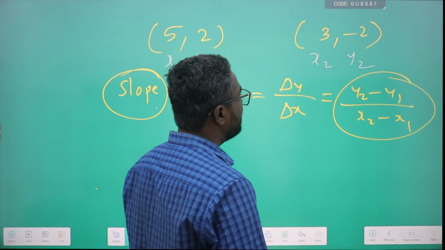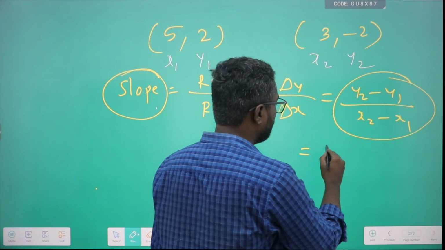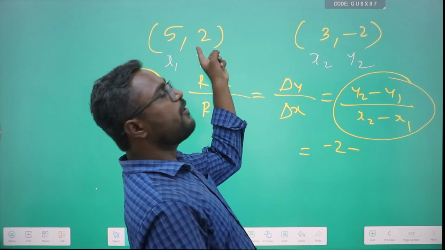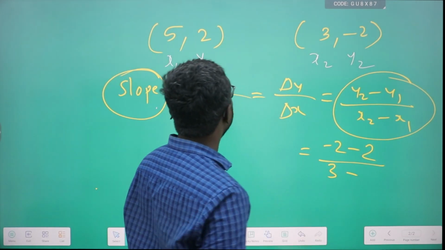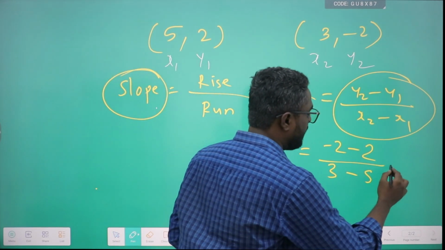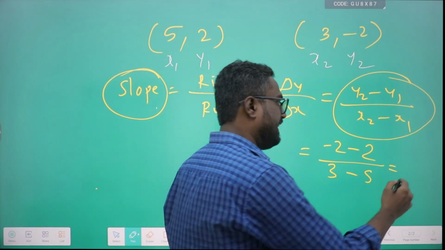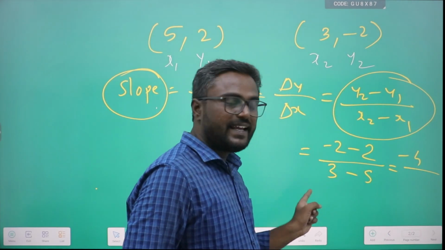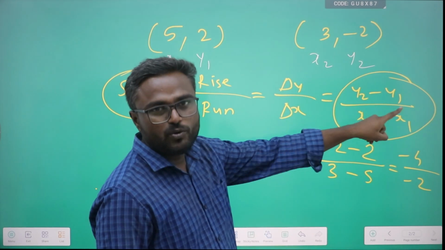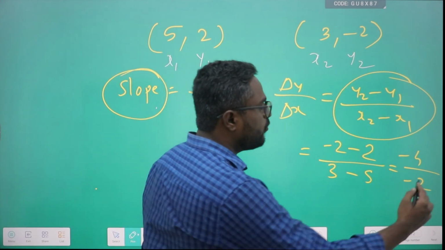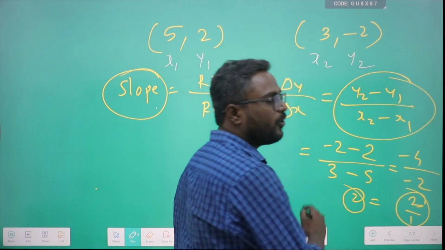Let us directly substitute the values. y2 is negative 2 minus y1 which is 2, over x2 which is 3 minus x1 which is 5. So what do I get? Negative 2 minus 2 will be negative 4. 3 minus 5 is negative 2. If we divide the numerator and denominator by negative 2, what would we get? 2 over 1, which is 2.